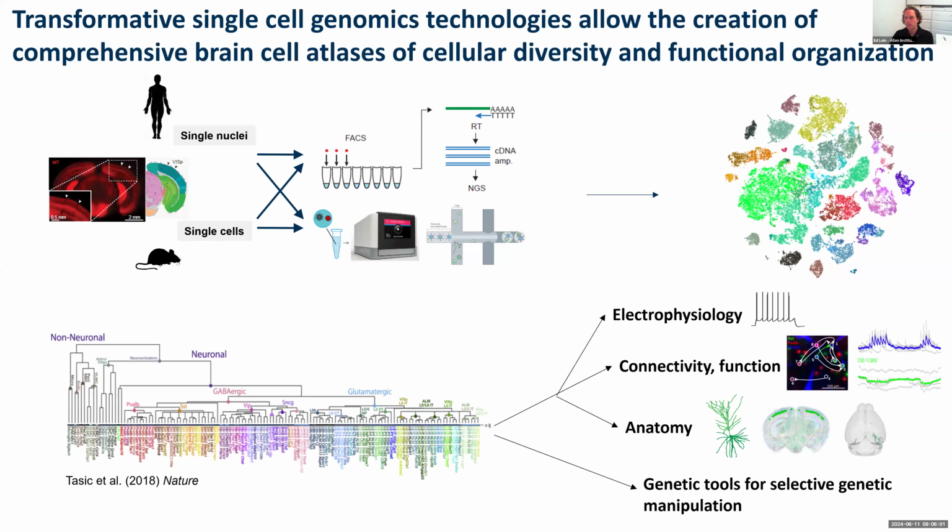This creates a framework, a molecular taxonomy of types of cells, that can be used then to begin to layer on additional pieces of information. So for example, we can understand the anatomy of a molecularly defined cell type, or the physiological characteristics, or their connectivity. And it leads us also to be able to not only describe, but to manipulate those cells in the future. So it's a very powerful framework that both characterizes and describes the cell's properties.